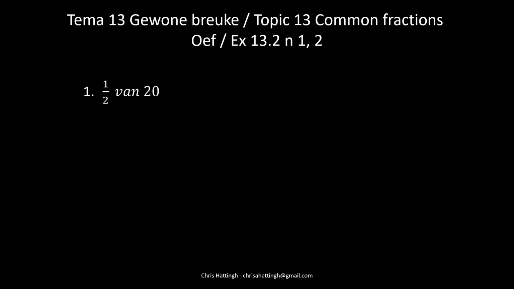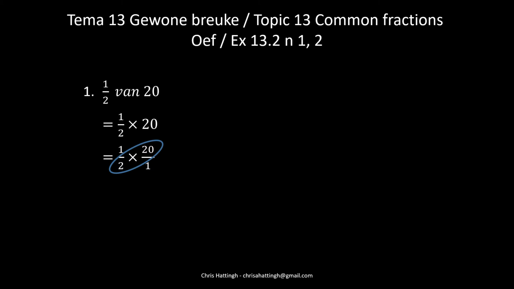Exercise 13.2, we're now going to multiply with common fractions. Number 1, they're asking you a half of 20. That means you're going to multiply a half with 20. So it's going to be 1 over 2 times 20 over 1.